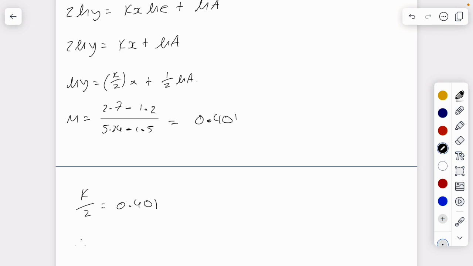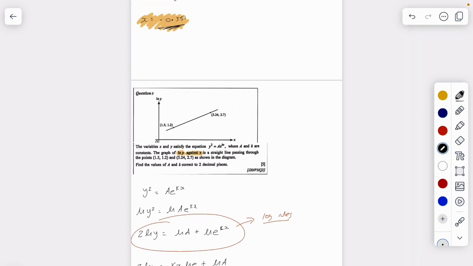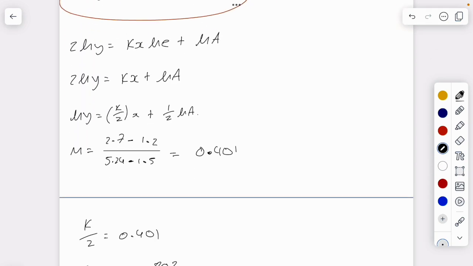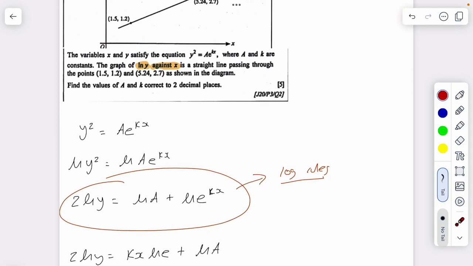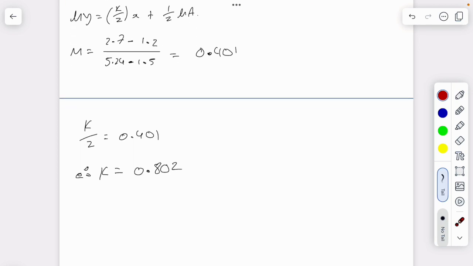So I can therefore say that k, and by the way, this is to 3 significant figures, is going to equal 0.802. Okay, cool. Now, remember, they want us to find a and k, so we found k. We got that, 0.802.